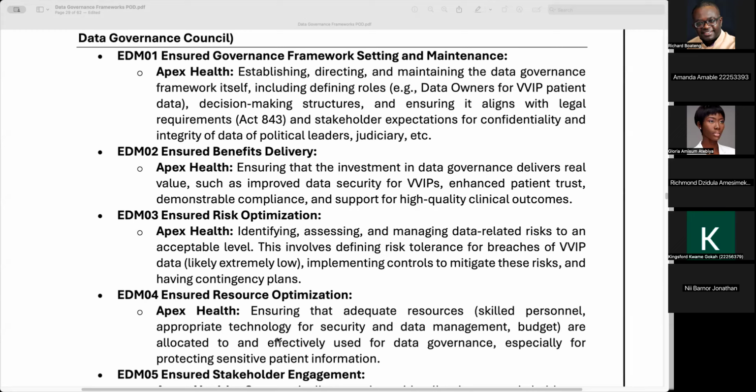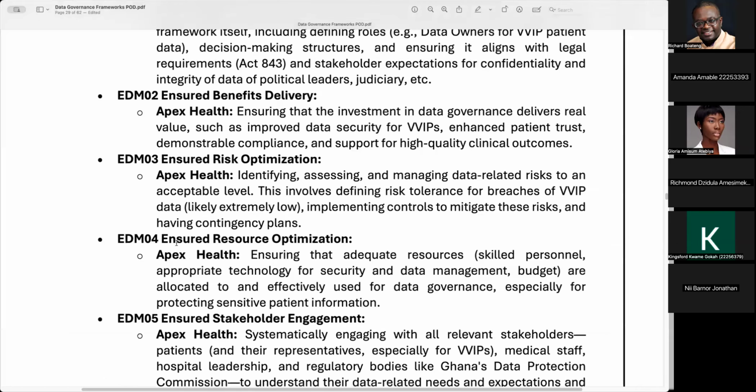Okay. EDM02, Ensured Benefits Delivery, means the board ensures the significant investment required for robust DG actually delivers tangible value, things like improved VVIP data security, enhanced patient and public trust, guaranteed compliance posture, and ultimately supporting high-quality, safe clinical outcomes. EDM03, Ensured Risk Optimization, sounds incredibly relevant here, maybe the most relevant.